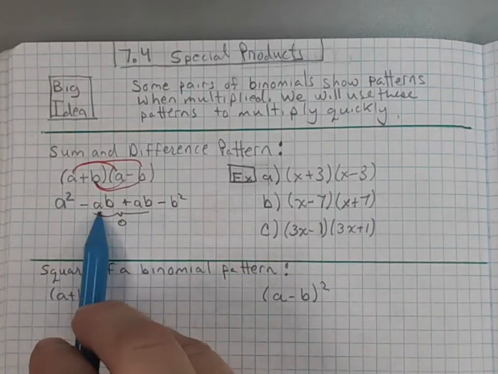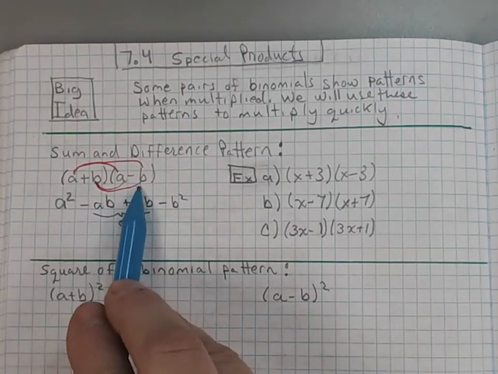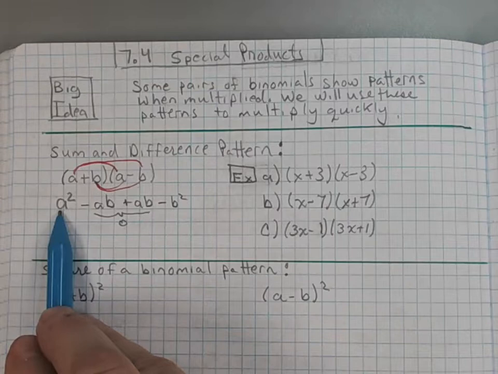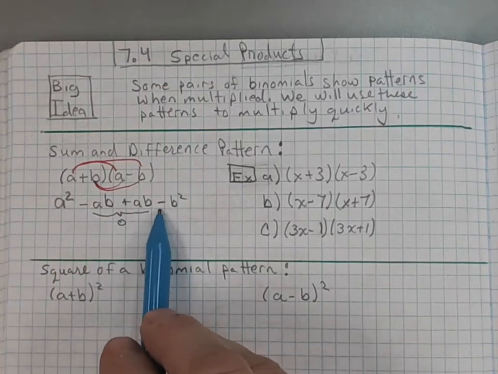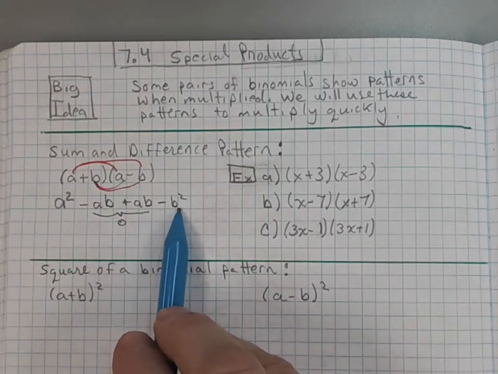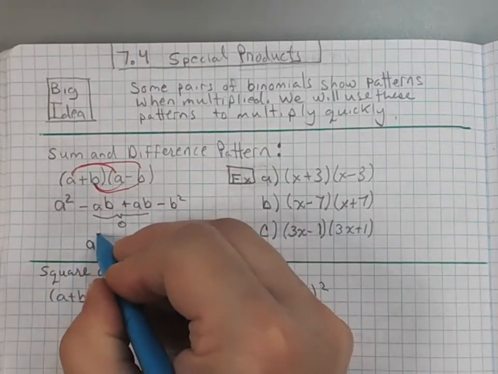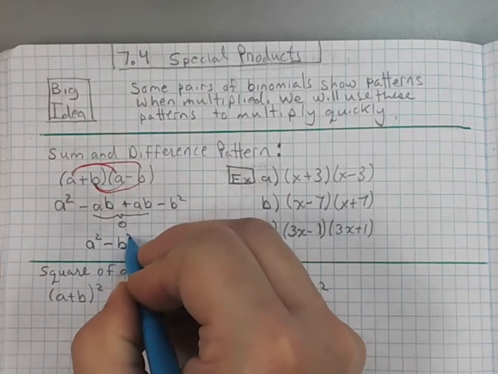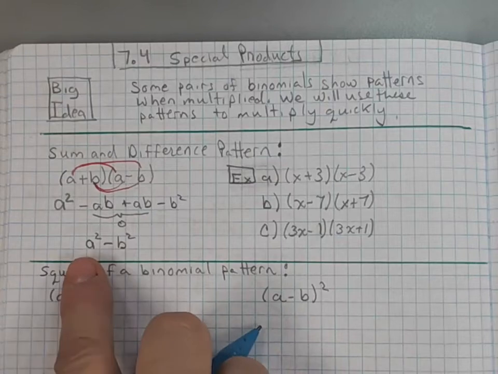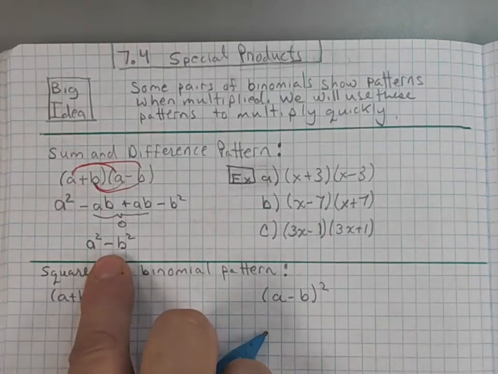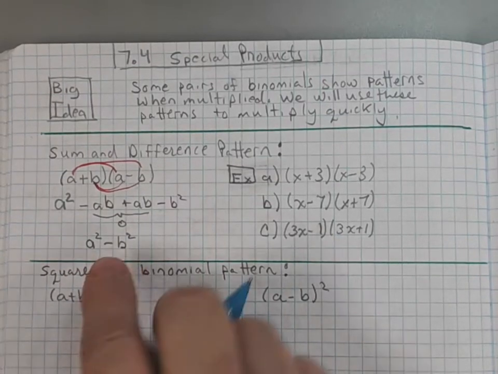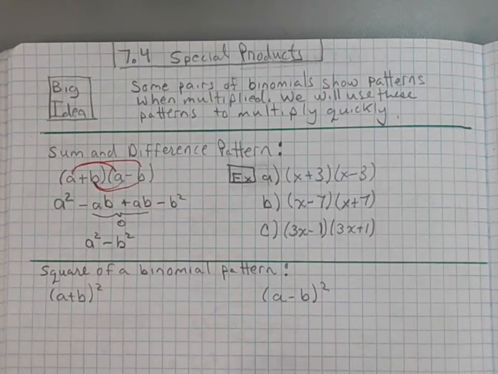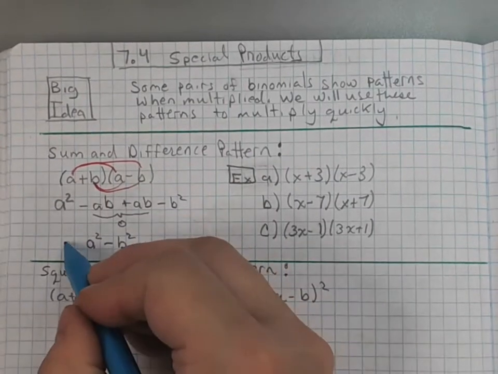Therefore, these two terms will always vanish whenever we do this special product, and we end up with the first term a squared and the last term, which is minus b squared. And so this pattern will always result in this appearance: the first term squared minus the second term squared. Every single time those two middle terms are going to be eliminated.